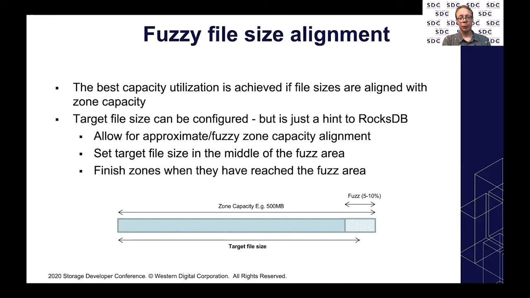So what we do is allow for approximate or fuzzy zone capacity alignment. We set the target file size in the middle of the fuzz area, and then we finish zones when they have reached the fuzz area. So we allow files to vary about 10% in size. This is configurable.